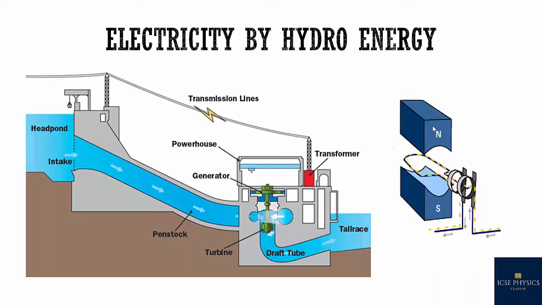What does Faraday's law say? Whenever there is a change in magnetic flux linked with a coil or armature, an e.m.f. is produced. So here a river was at high altitude, then through the penstock we are allowing the water to fall, and this kinetic energy of the moving water rotates the turbine, as you can see here. And when the turbine is rotated, it indirectly rotates the armature coil, which is placed inside the north-south pole of a strong magnet.